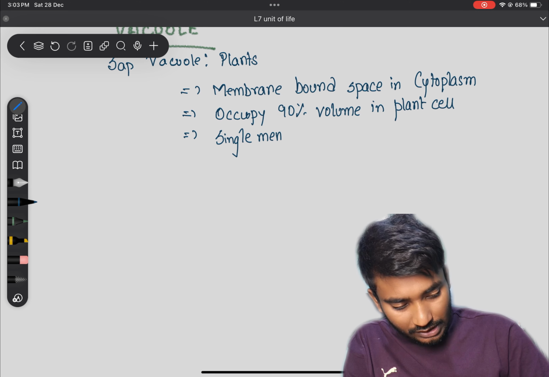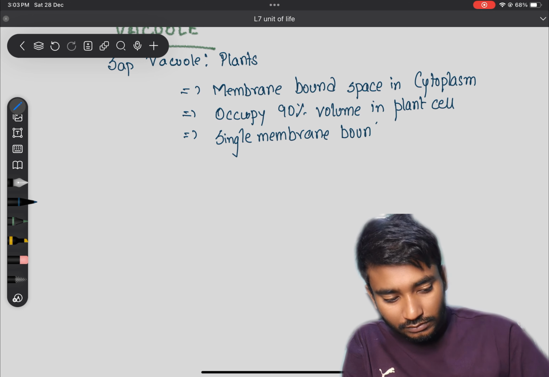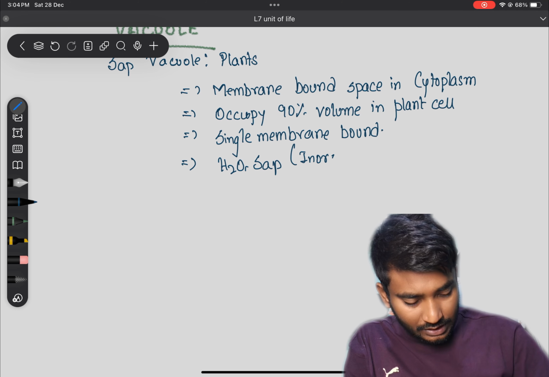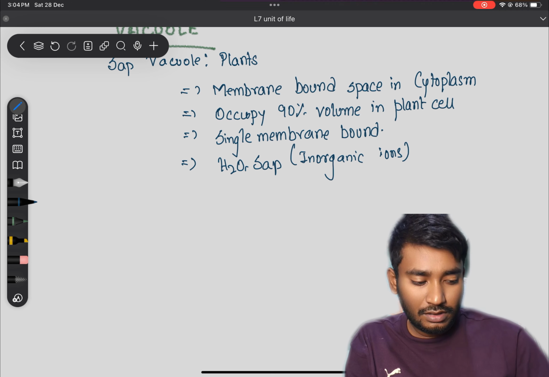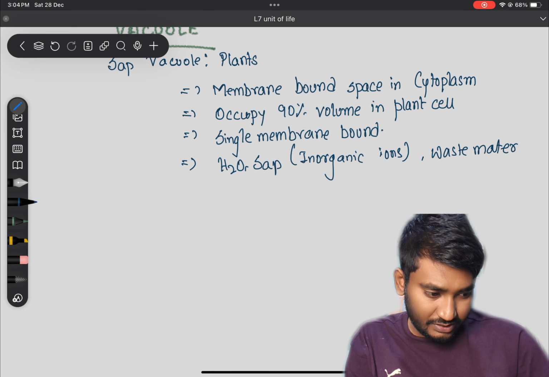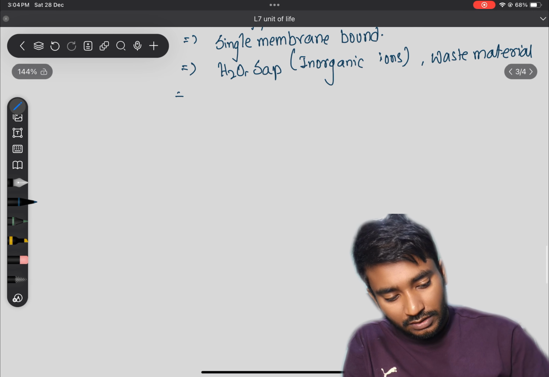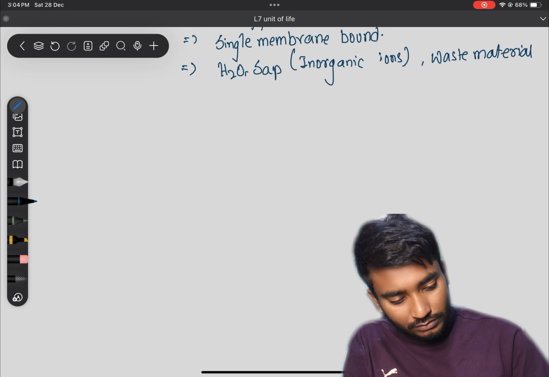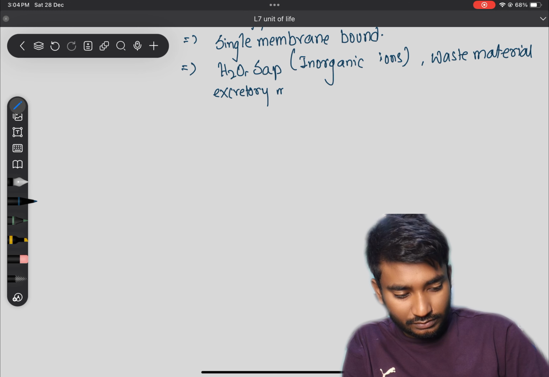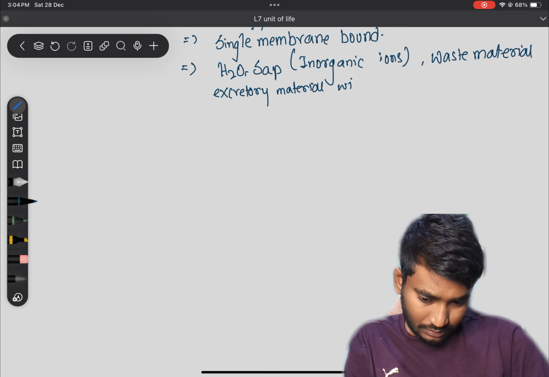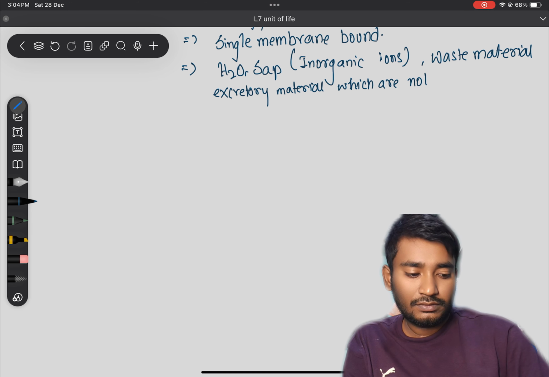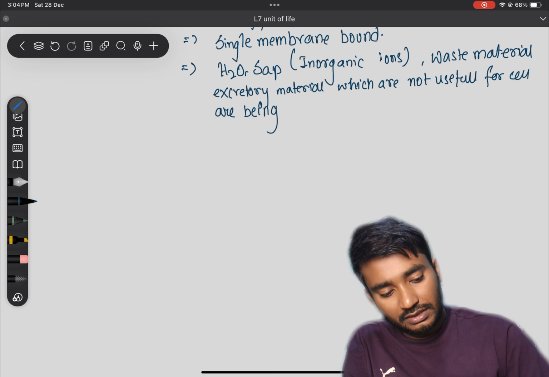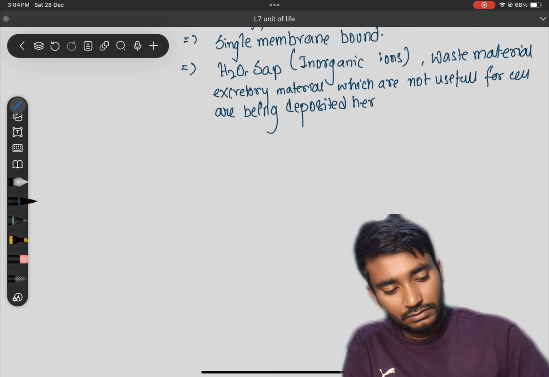It is single membrane bound. Water, sap, inorganic ions, waste material, and excretory material, which are not useful for the cell, are deposited here.